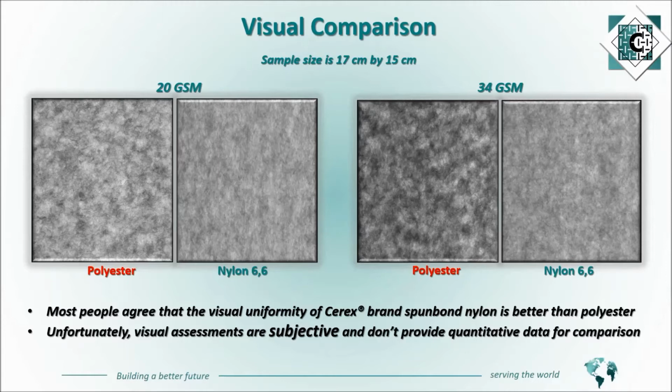The problem with the visual comparison is it's subjective, and it's very difficult to do any kind of quantitative comparison. So my colleague Jay Forcucci is now going to discuss several different ways that we can quantitatively define uniformity. Jay?